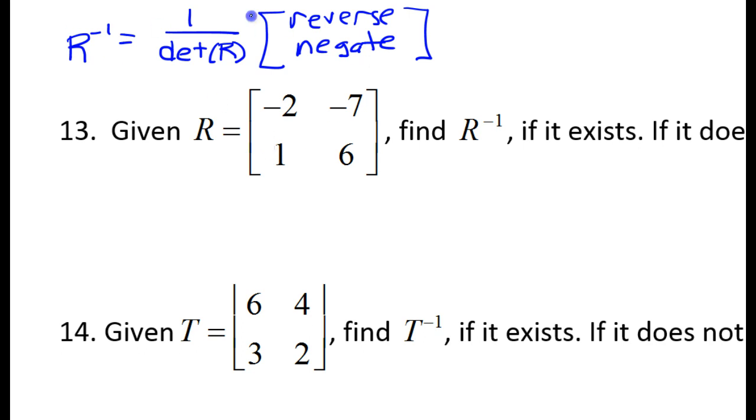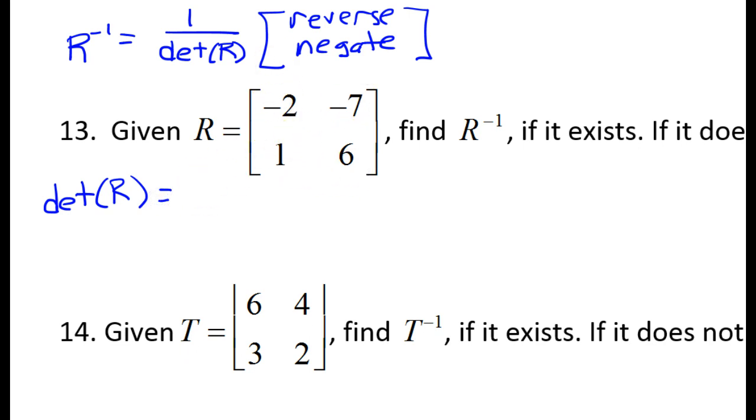So based on the little definition that I'm setting up for you, you see that I need to do 1 over the determinant. That means I need to find the determinant before I do anything else. So let's find the determinant of matrix R. The way you find the determinant of a 2 by 2 matrix, you simply do the down diagonal minus the up diagonal.